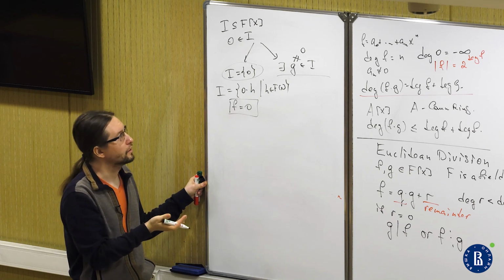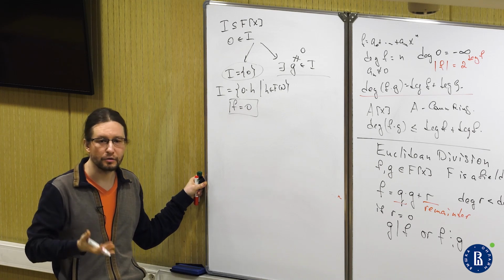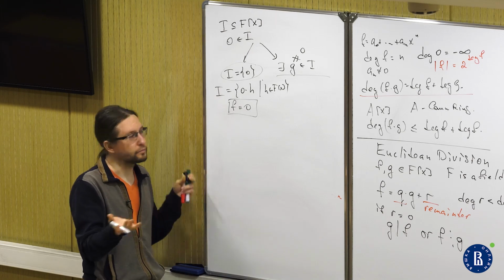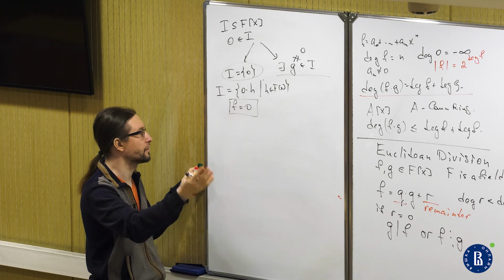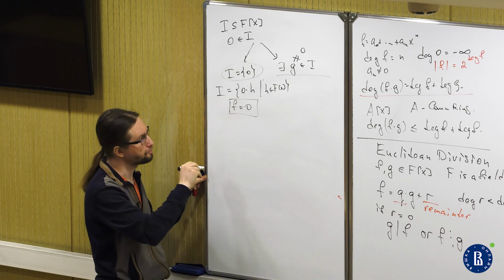Okay, so if we have a non-zero polynomial, we can find a non-zero polynomial with the smallest possible degree. Well, it's clear because the degree belongs to the set of natural numbers, and there is always a minimal element for every subset here.